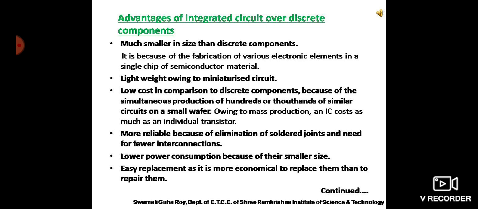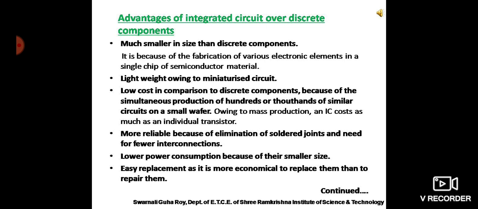Then the next important advantage of IC over discrete component is its less power consumption. As for electronic circuits, we are very much concerned about the power consumption of the circuits.